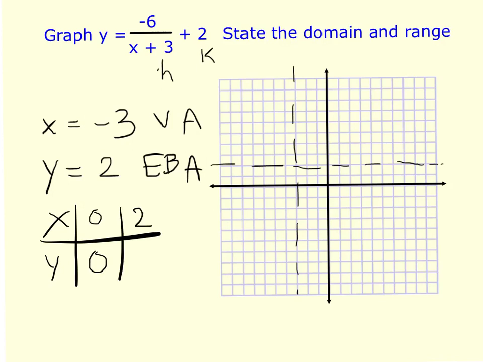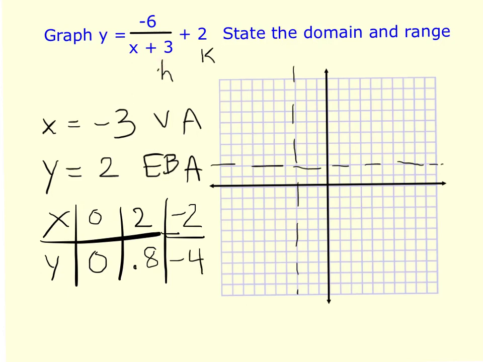If I put 2 in up here, 2 plus 3 is 5. Negative 6/5 plus 2 is 0.8. That's not bad, I can handle that. So 4/5 or 0.8. If I test negative 2 also on top of that, negative 2 plus 3 is 1. Negative 6 divided by 1 is negative 6, plus 2 is negative 4.